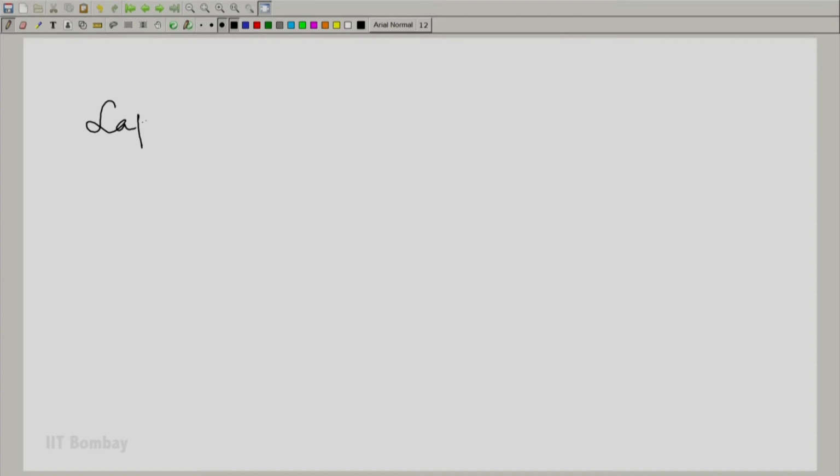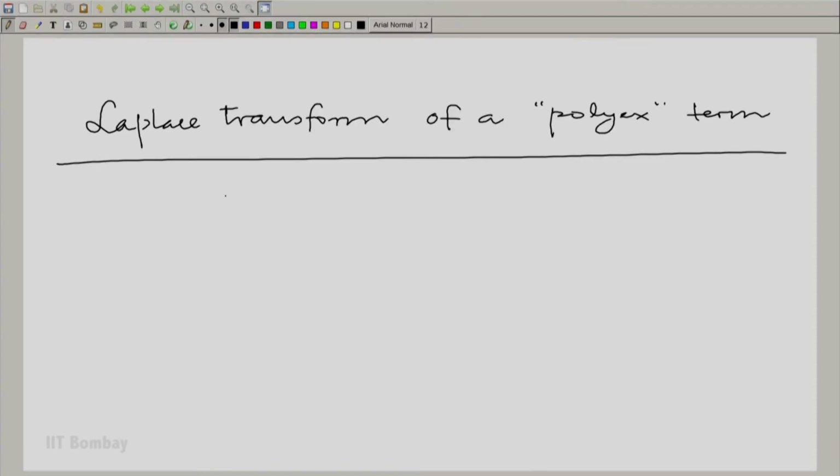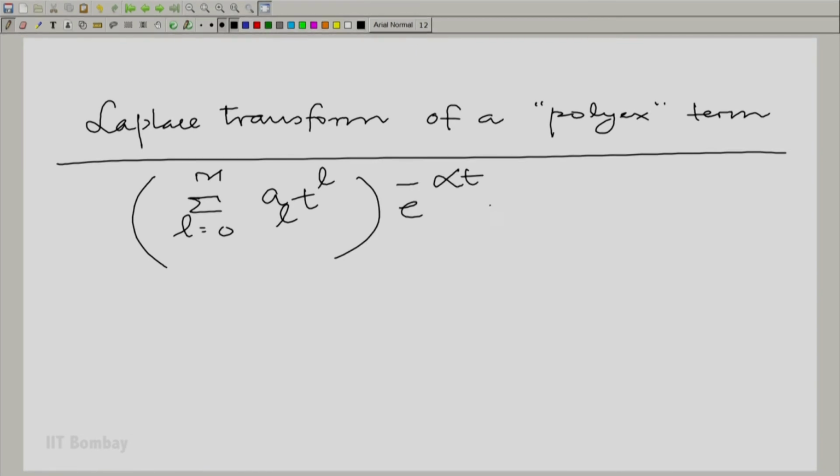So, now we are quite competent to deal with Polyex terms. In fact, now at least we are well poised to find out the Laplace transform of a Polyex term. Let us put down a procedure. Let us take the example that we took some time ago, summation L going from 0 to m, a L t raised to the power L e raised to the power minus alpha t u of t.